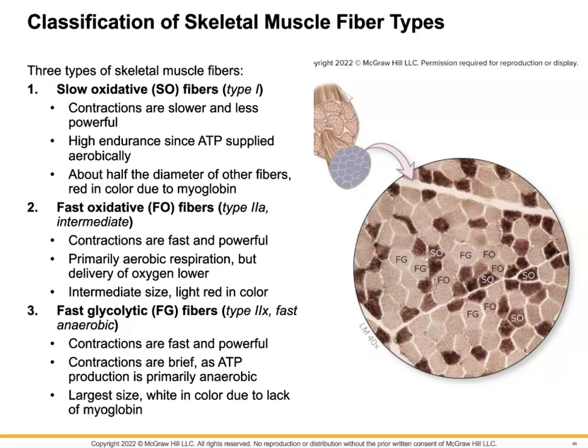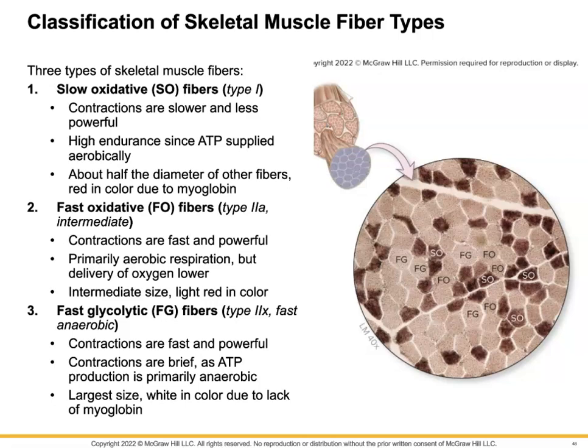And our third, of course, are the fast glycolytic, also called fast anaerobic. So anaerobic tells you what? No oxygen. So how are we making ATP? Glycolysis, exactly. So these are the most prevalent skeletal muscle fiber type. They're the largest in diameter and they contain fast ATPase.